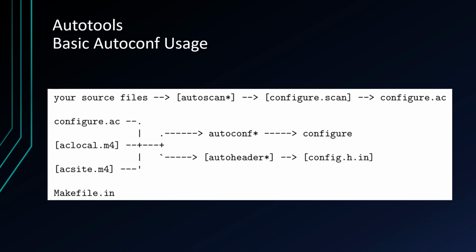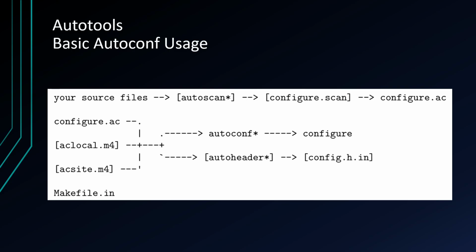The acsite.m4, this is kind of a holdover from when a computer was a site and it was shared amongst a bunch of users, and they might have a bunch of M4 autoconf macros that are shared between different users of that computer. These days, computers and people are one-to-one pretty much, so you're rarely going to see an acsite.m4 unless it's installed with Autoconf itself.